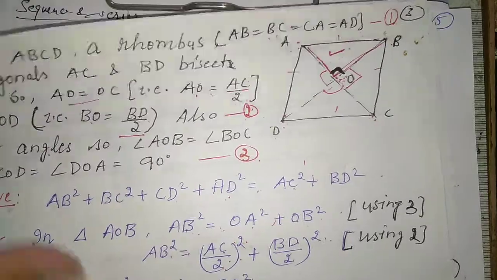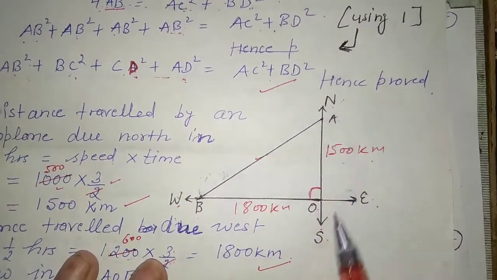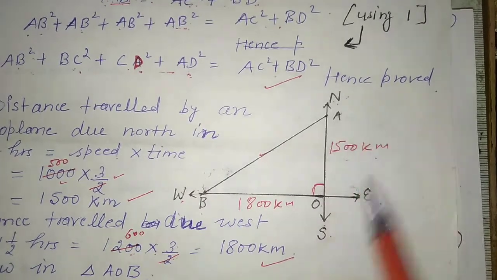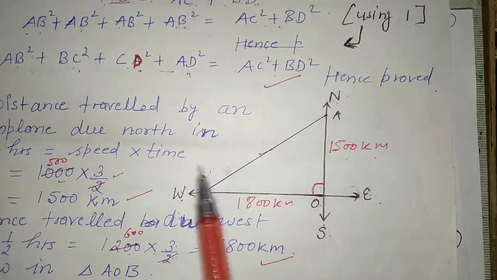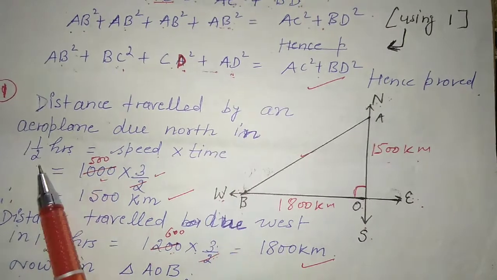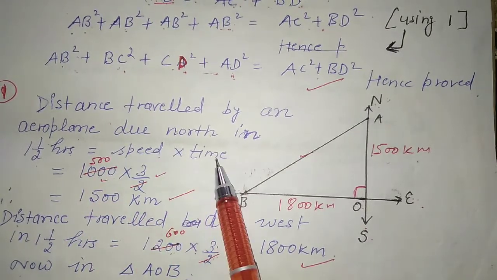So this is north, south, east, west. This is the distance due north and this is the distance due west. Here it is given, distance traveled by the aeroplane due north in 1 1/2 hours. You know that distance is equal to speed into time.